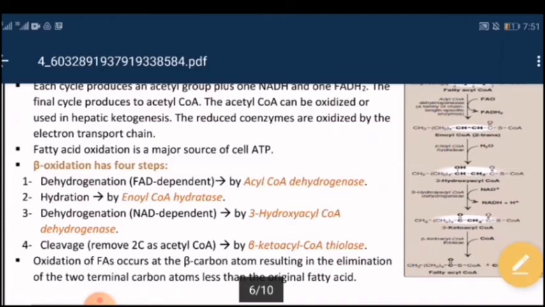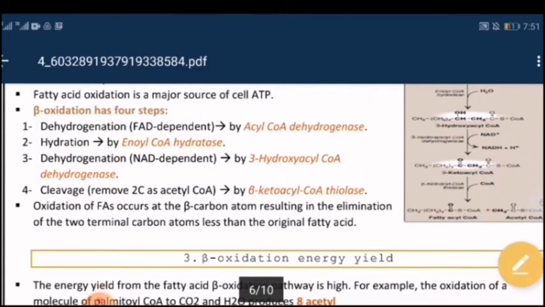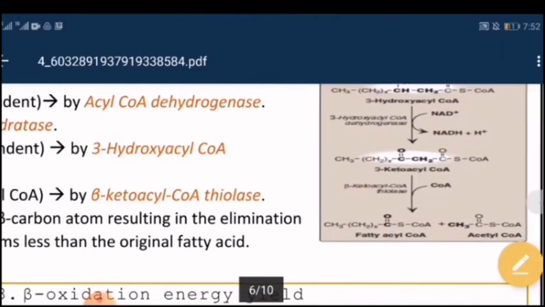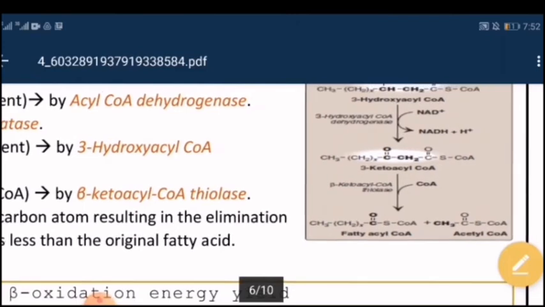And finally, we are going to cleave, or cut, or remove 2 carbon atoms in the form of acetyl-CoA by thiolase. Thiolase is the enzyme responsible for this step, to get fatty acyl-CoA and acetyl-CoA, where 2 carbon atoms are removed.